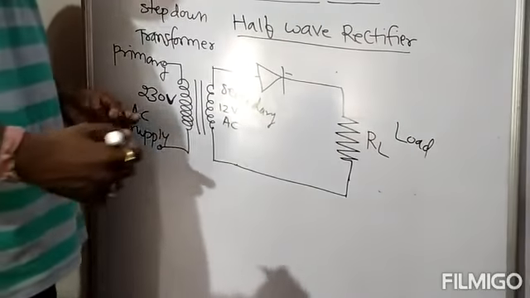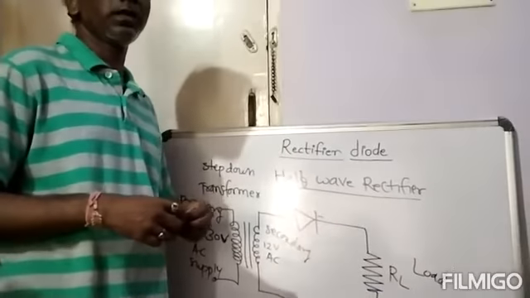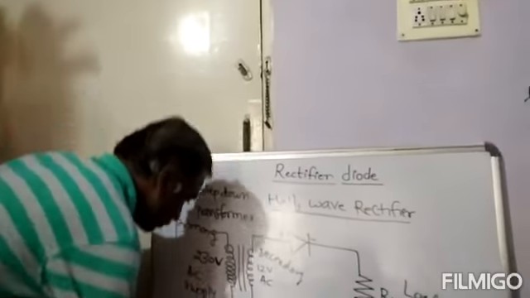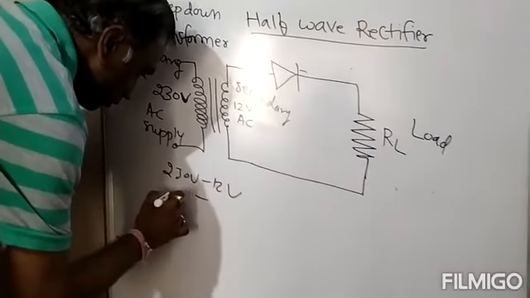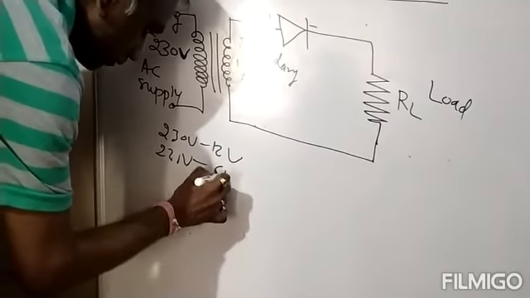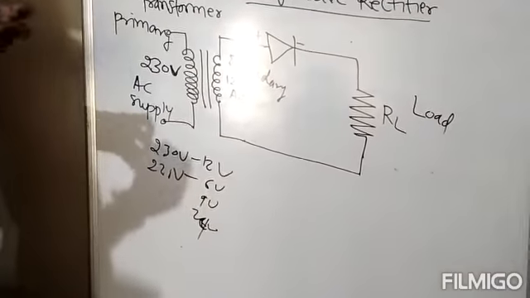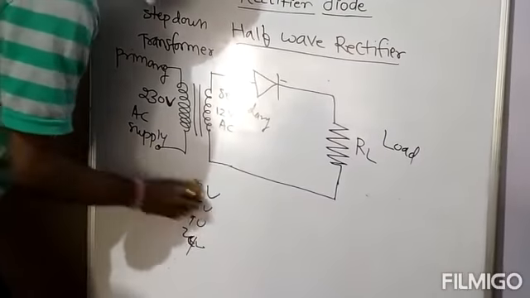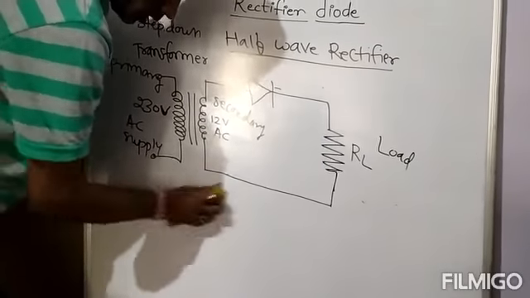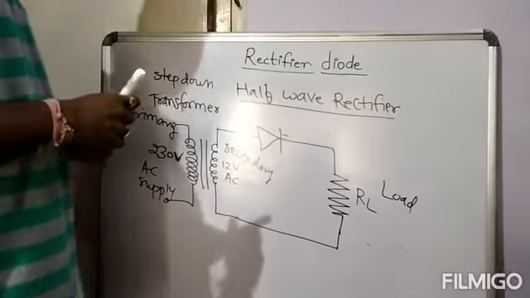In the market, many step down transformers are available, like 230 volt to 12 volt, 6 volt, 9 volt, 24 volt. Whatever transformer we want, we can purchase that and develop our own rectifier circuit.